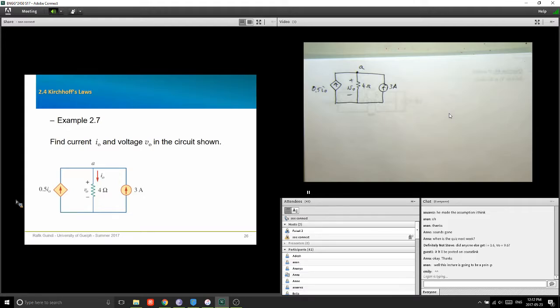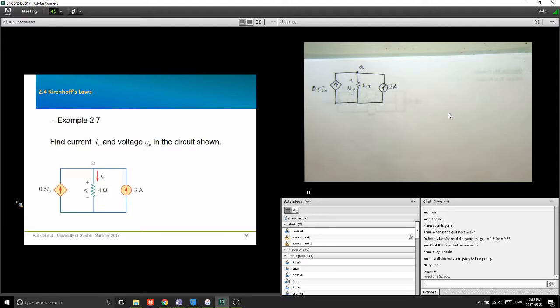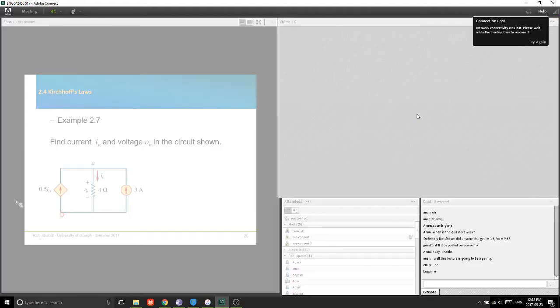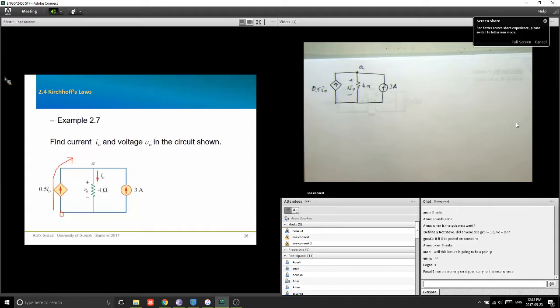Well, first let's see. Can I write any KVL equations here? Now that's an important question. KVL says you're going around the loop, and you are writing equations based on voltage rises and voltage drops. If I start at this point here, what is this element?